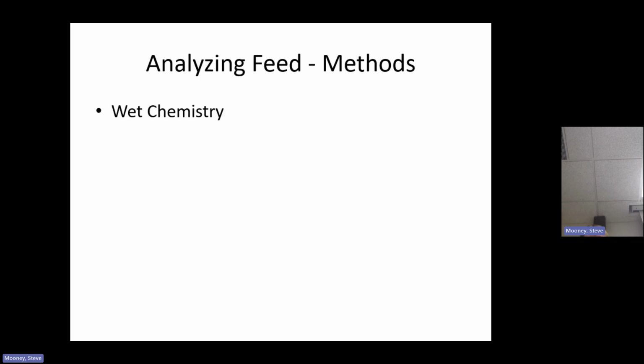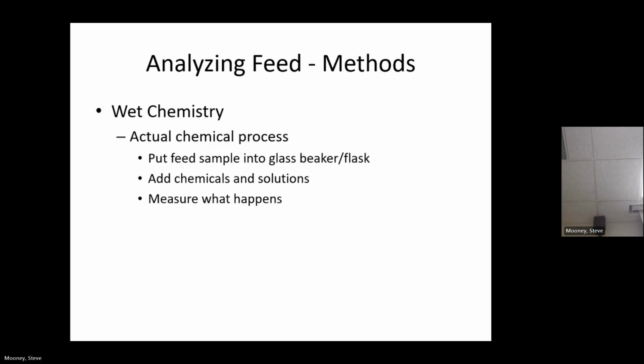So wet chemistry. There are actual chemical processes being run and we figure out what's there and what's not. So we may put the feed in that glass container, the beaker or flask. You're going to add chemicals.